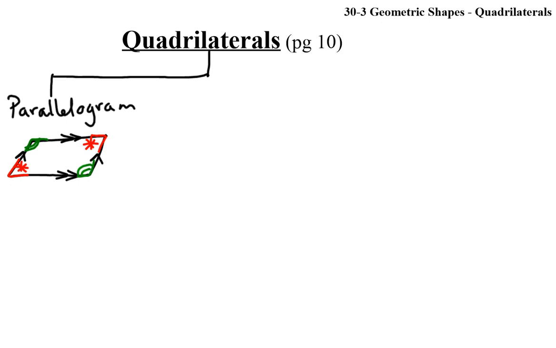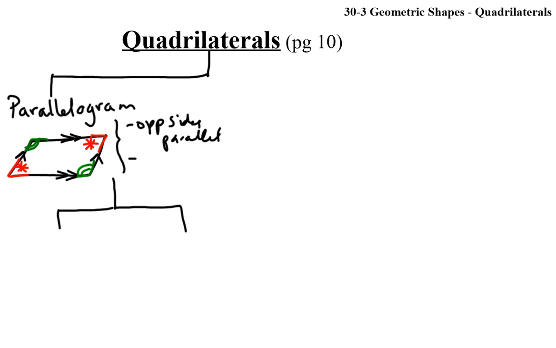However, we can become more specific with our parallelograms because a parallelogram can be branched off to more specific shapes. Because what's important about a parallelogram? Opposite sides parallel, and besides that, opposite angles are equal or congruent.